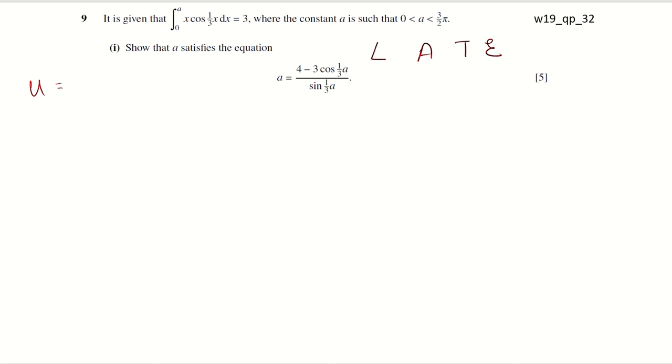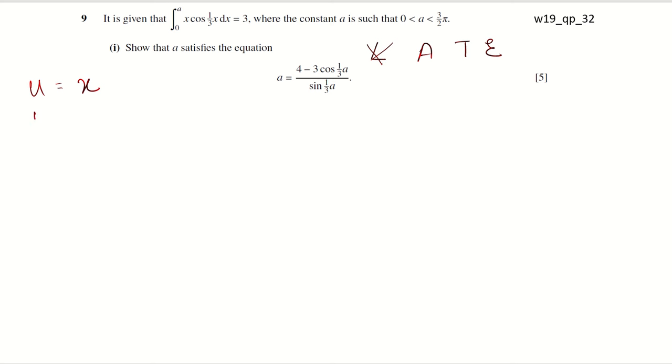So u equals L: logarithmic functions aren't there inside the integral, so we cannot take L. Algebraic function, can we take it? Yes, there is, because x is an algebraic function, so u will be equal to x.